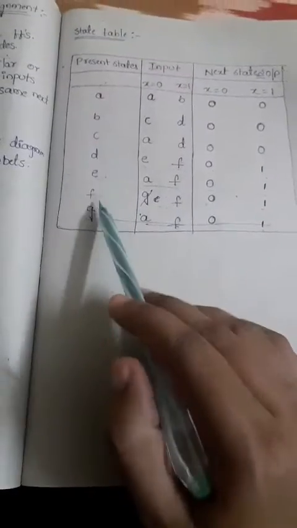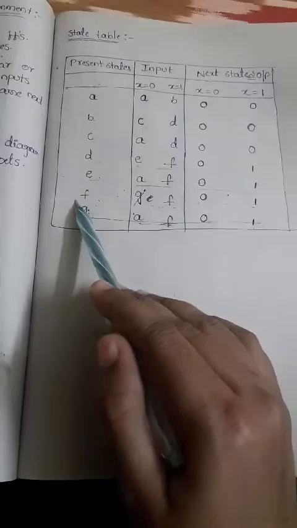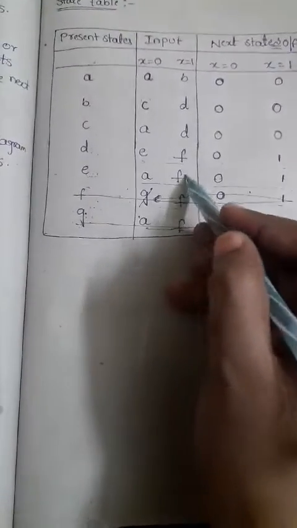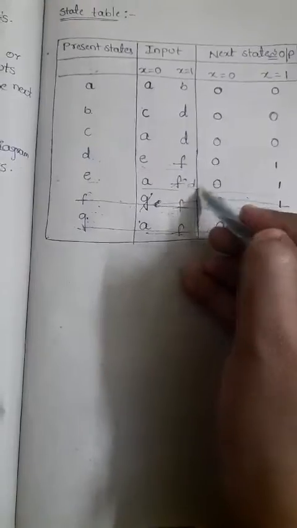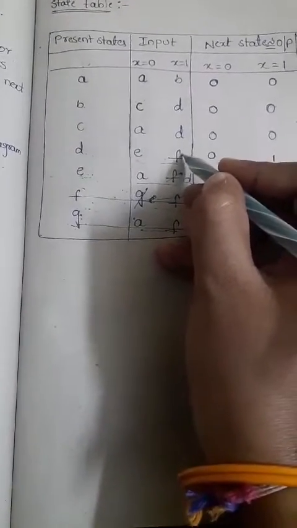So that's why D and F will be similar after eliminating G. Then we can eliminate this F state, and wherever we are having the F value, that will be replaced with the D state.